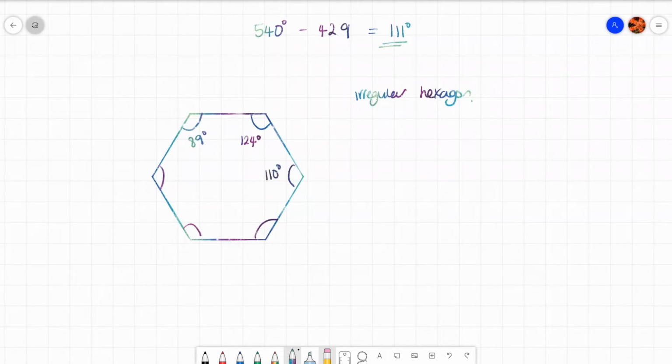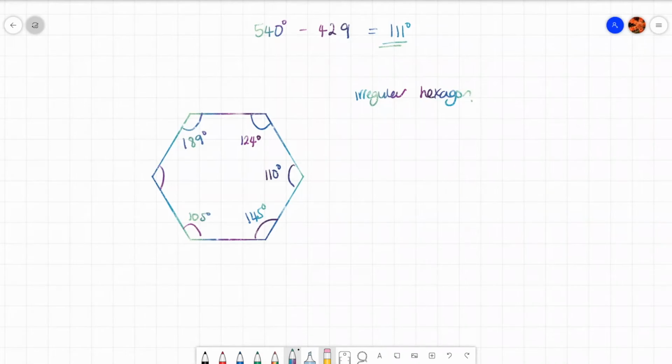I'm going to say that one is 145. This one here I'm going to say is 105. And I'm going to make that as 189. Okay, and just going to double check this.